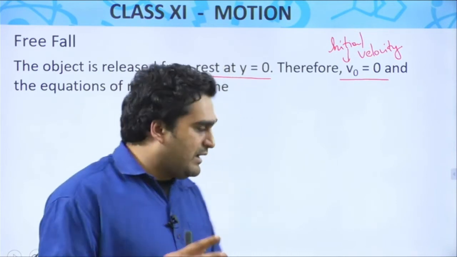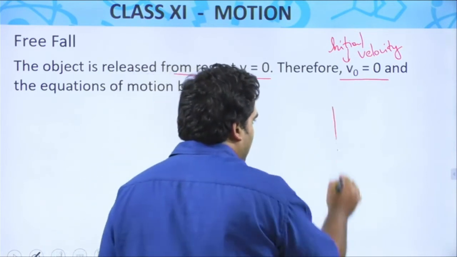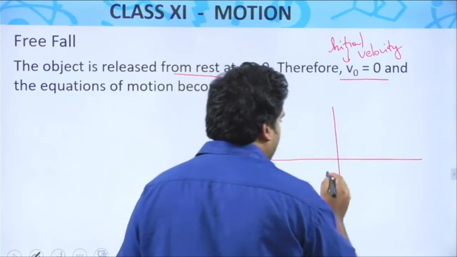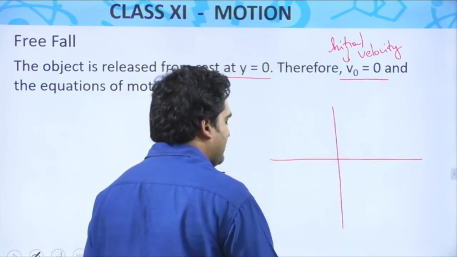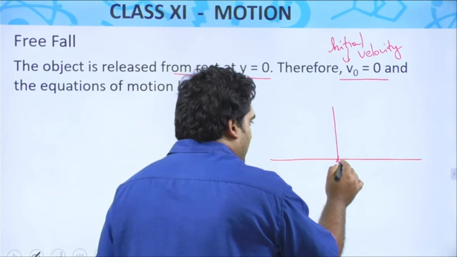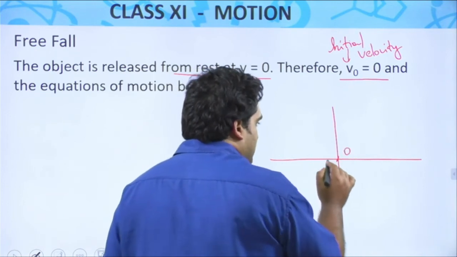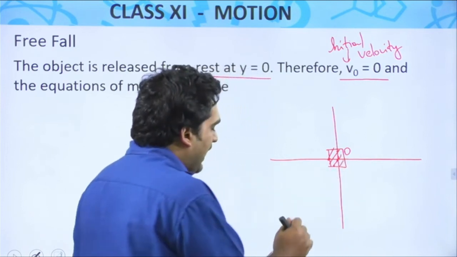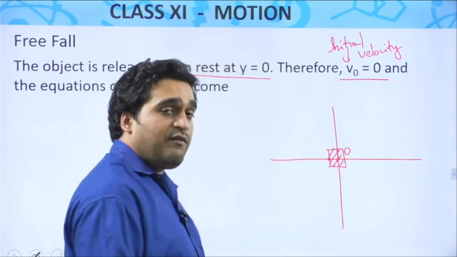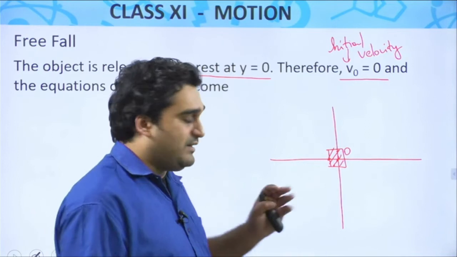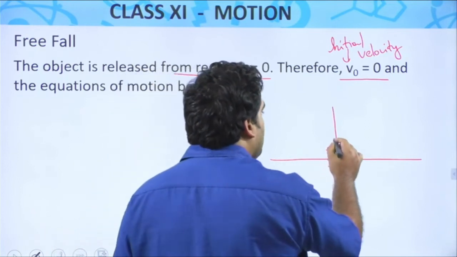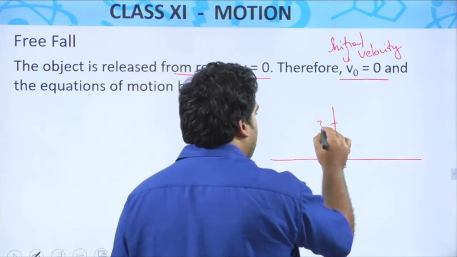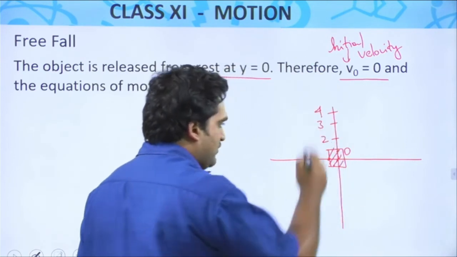Think of it as a graph sheet, and within a graph sheet you have two mutually perpendicular axes drawn. At the zeroth position you have a box that is located, but as you travel upward you have the set of positive integers such as 1, 2, 3, 4 and so on.